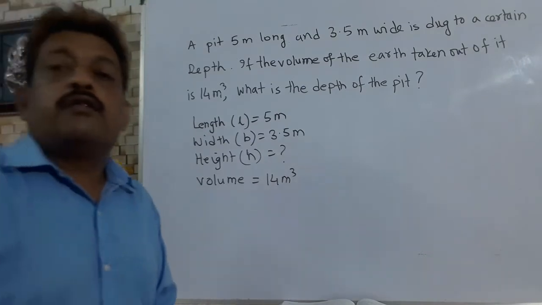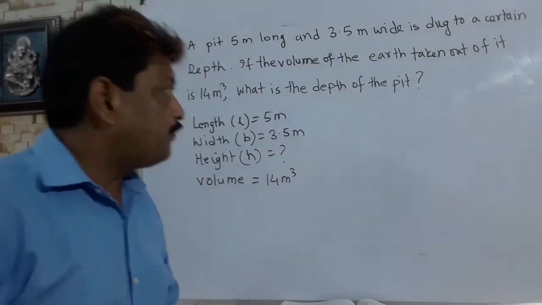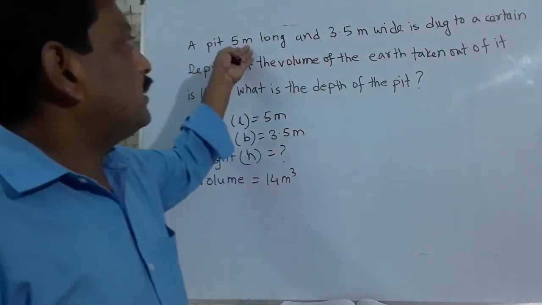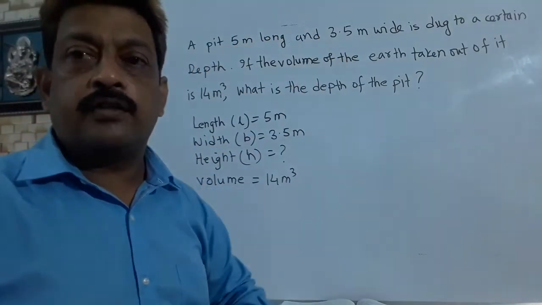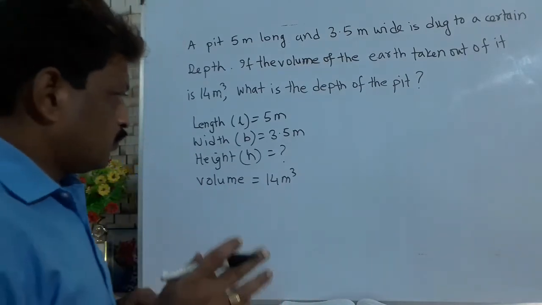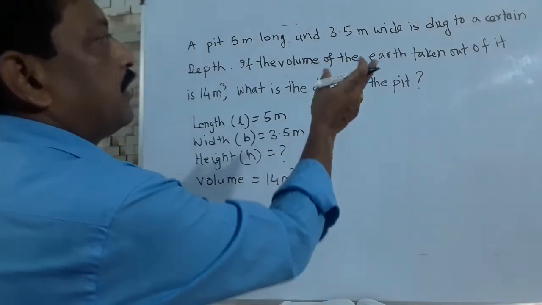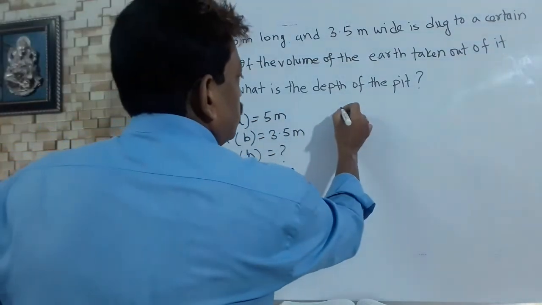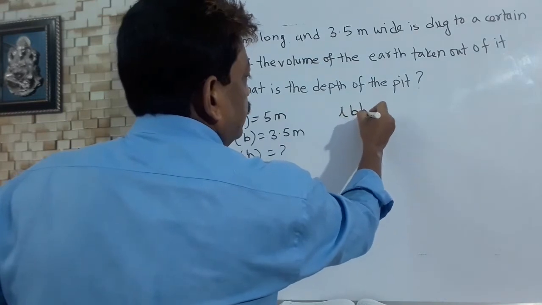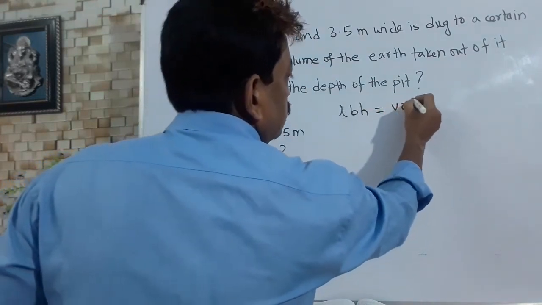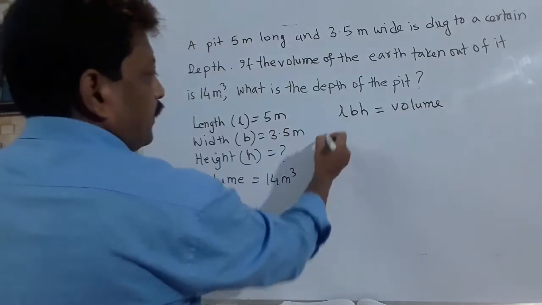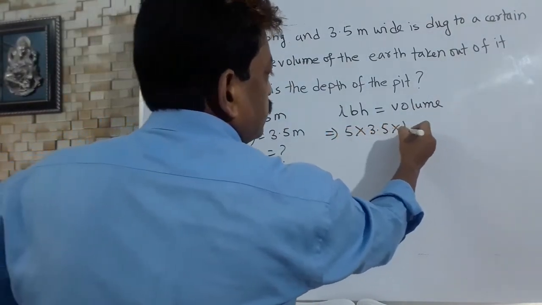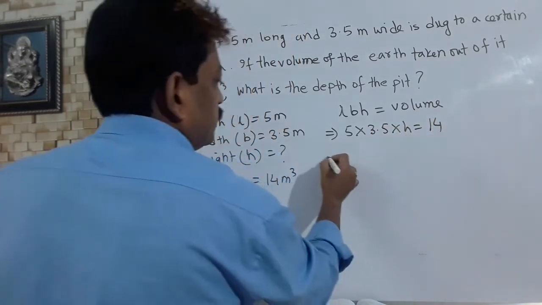We all know the formula to find the volume of a cuboid. Actually the pit is in the shape of a cuboid because the length is given, the breadth is given and the height is required. So it is easily understandable that the pit is in the form of a cuboid, whose volume is given by the formula L into B into H. Now L is given 5, B is 3.5, H is not given, volume is 14.